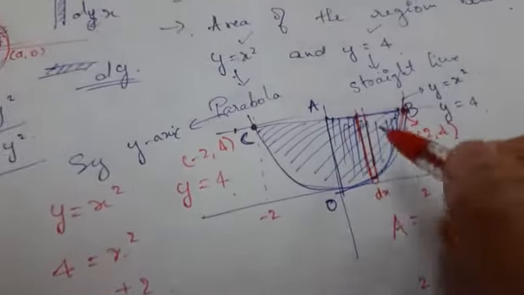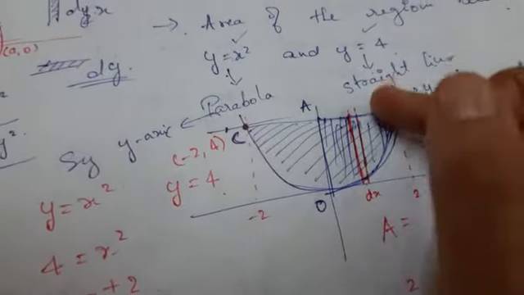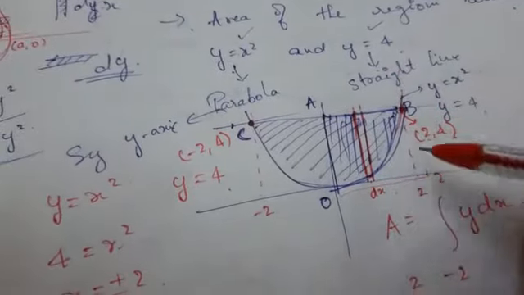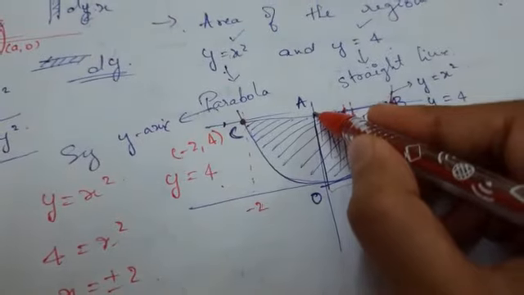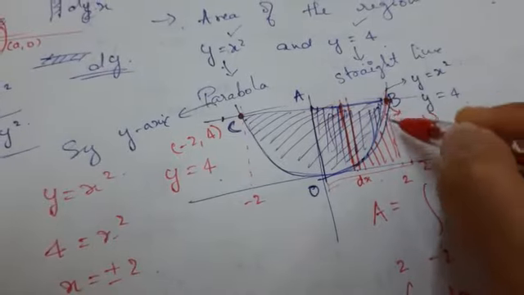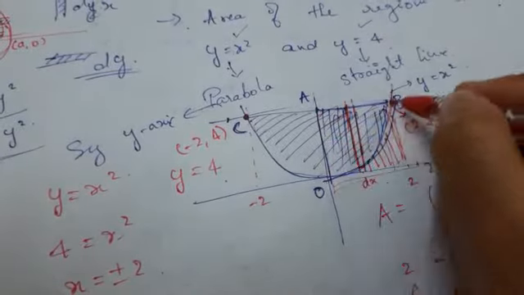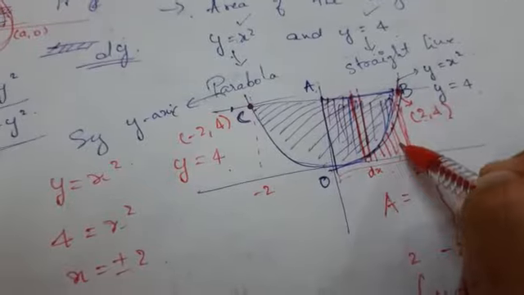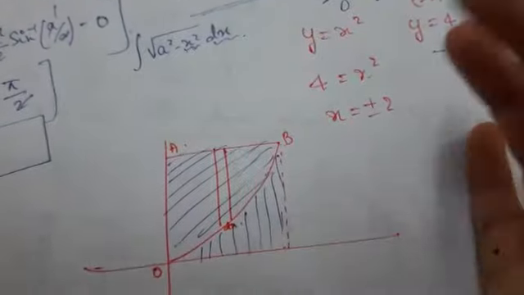But observe here clearly. Suppose I consider from 0 to 2, integrating the curve with respect to x, we are going to get this whole region, but we require only this region. Now if I consider this whole region and subtract this region from it, we are going to get the required region, that is the AOBA region. I had drawn this diagram clearly to get a clear idea.